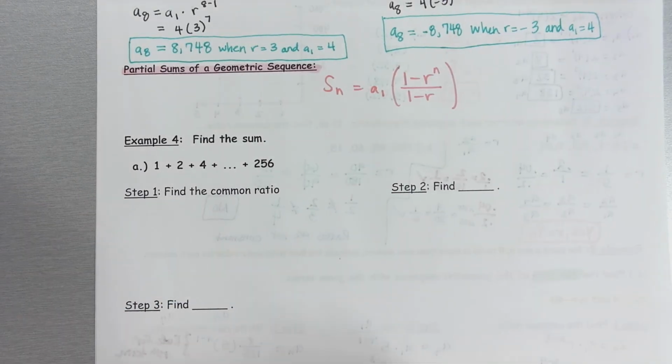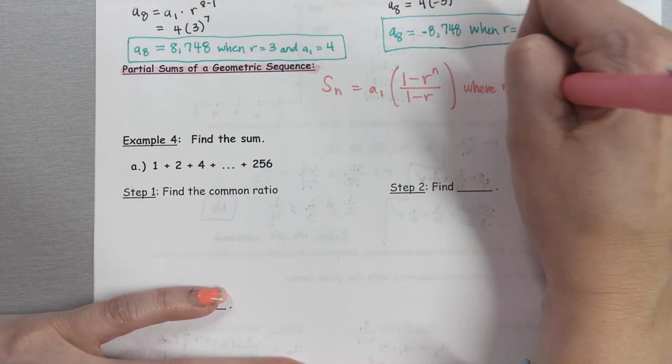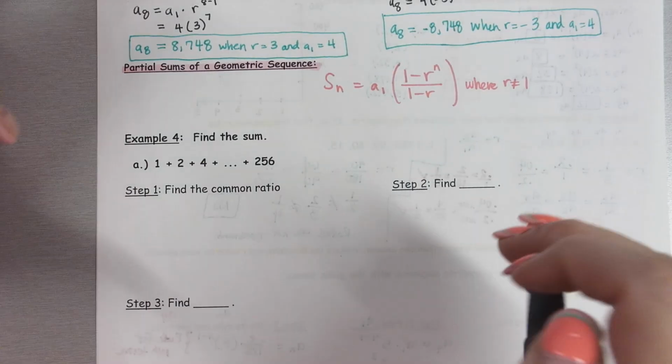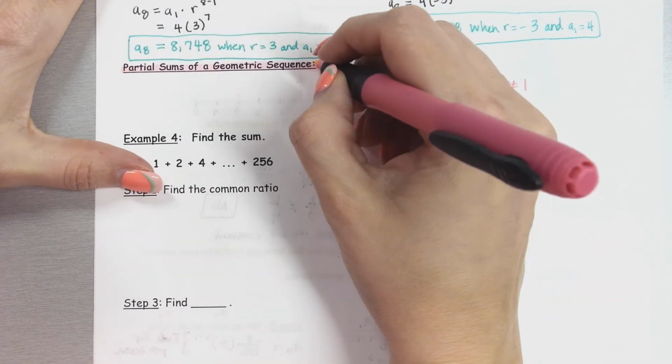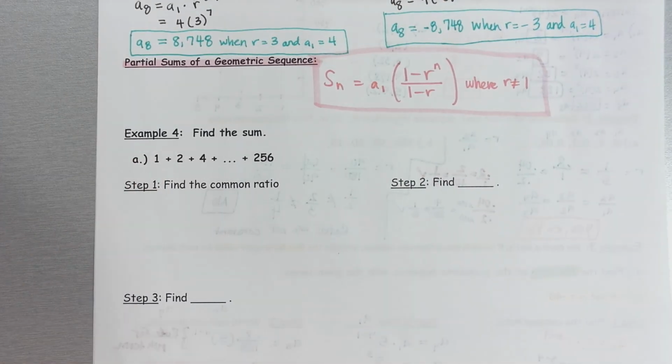We'll see in your book that they do stipulate that the value of r cannot be 1. Because remember, 1 to any power is just going to be what? 1 to the first, 1 to the second, 1 to the negative second. You always get what? 1.